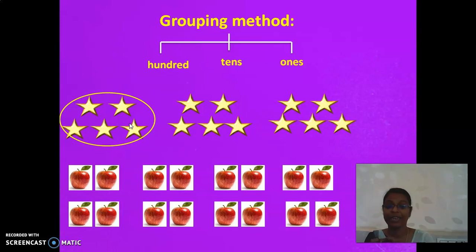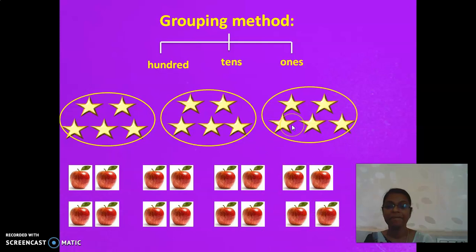Instead of bundling, here I have shown grouping with the help of an oval. See the next picture. Again, I have 5 stars. Can you see? 1, 2, 3, 4, 5. It is a group. Again, 5.